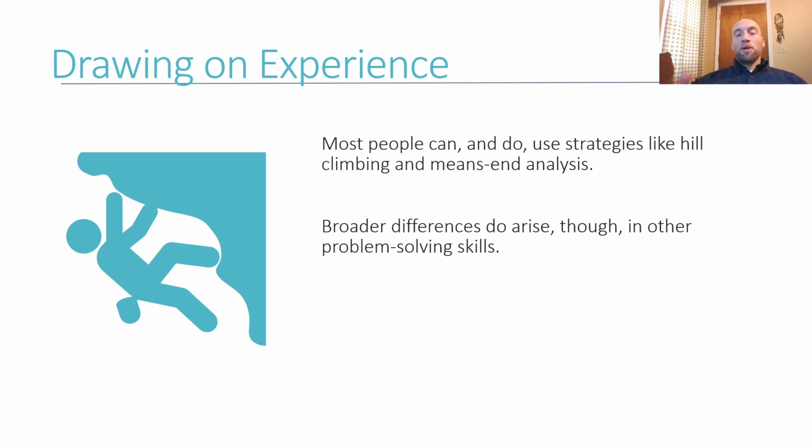So the ability to use past information is super important when it comes to our problem solving. If we couldn't pull things from long-term memory into working memory, we'd have a lot of trouble actually navigating the environment and solving problems.